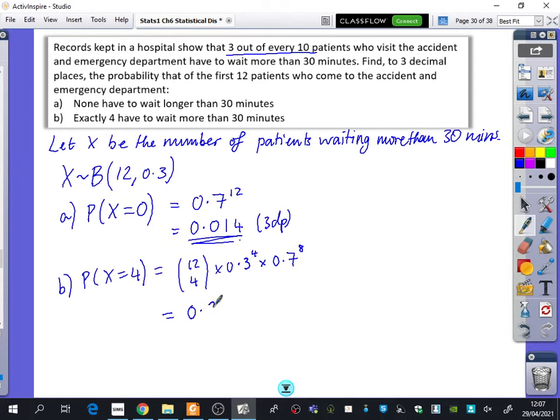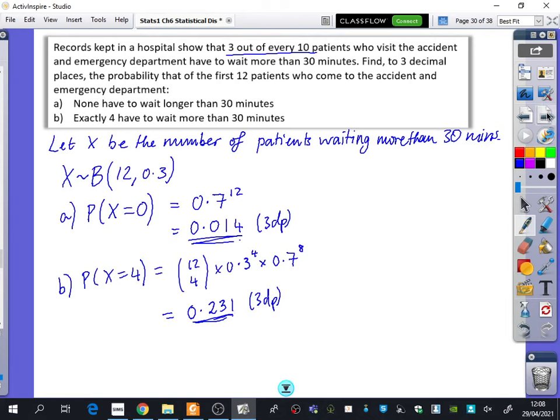I've got 0.231 to 3 decimal places. So there's a 23% chance of exactly 4 having to wait that amount of time. But probably there's going to be a big probability for 3 and 2 as well.